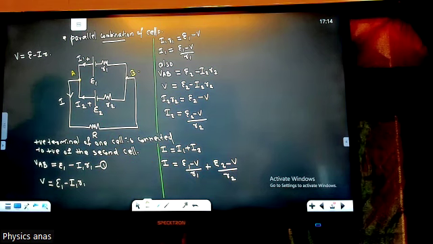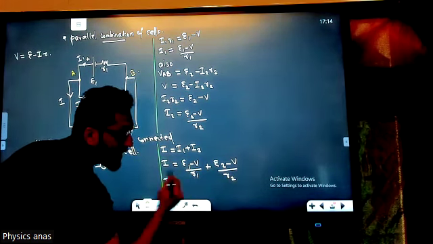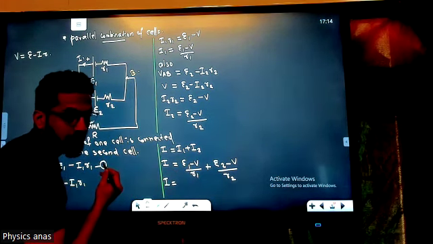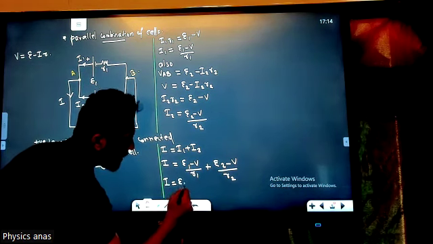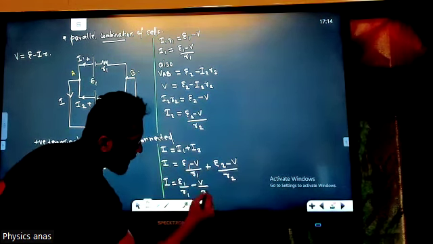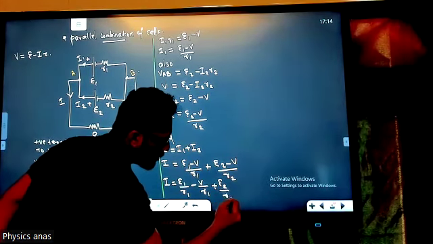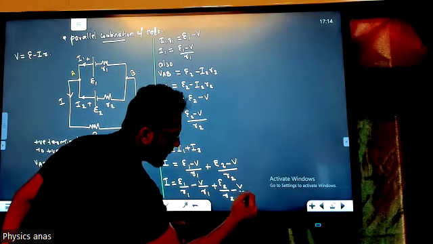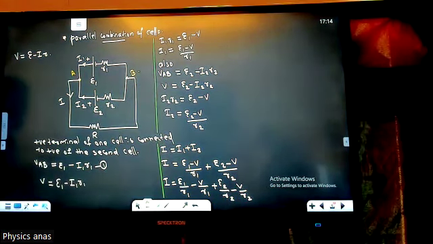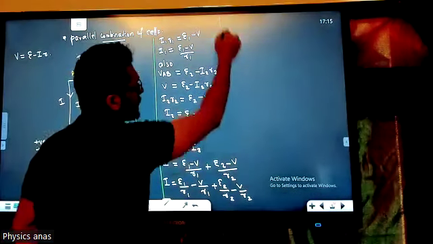And I am splitting it. That will be E1 by R1 minus V by R1 plus E2 by R2 minus V by R2. Is that okay? I can write like this, right? So I have split it.